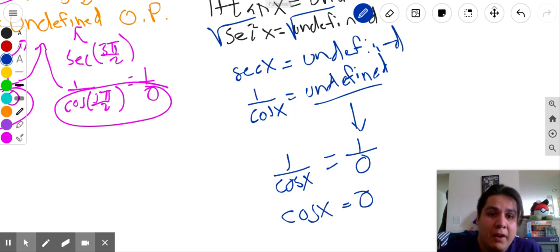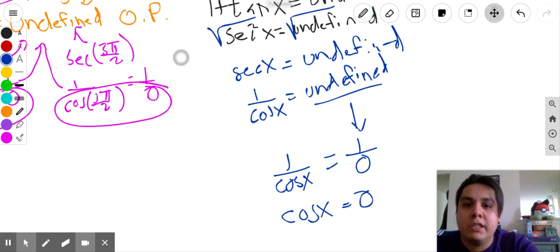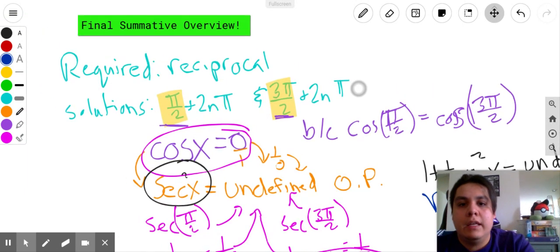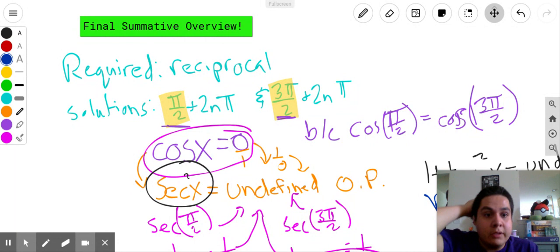Hopefully this has been helpful in terms of what I'm looking for. And again, I believe the biggest stumbling block that you guys are going to encounter to begin with is how to use the solutions. So when it comes to the solutions, think about, are you going to use sine or are you going to use cosine? In the problems that I give you, it should be one or the other.